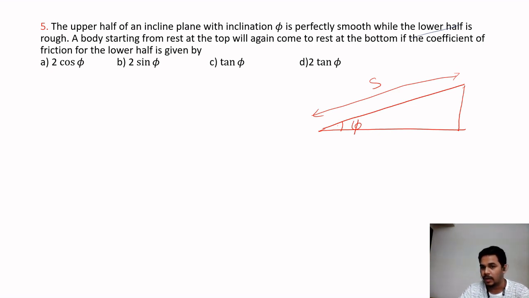In the end we have to eliminate this S because this information is not given. So remember, in any question, whatever you are assuming, in the end you have to remove that assumption from your final answer.